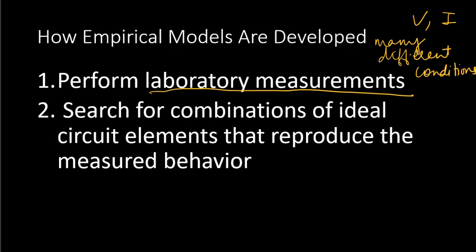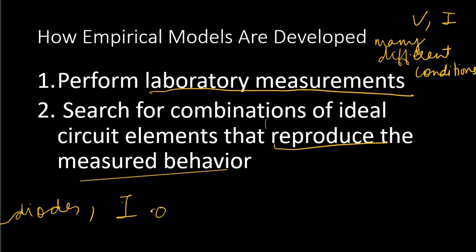Next, we search for a combination of ideal circuit elements that reproduce the measured behavior. For example, we may use diodes, current sources, and resistors until the circuit behaves similarly to the real transistor. If the terminal currents and the voltages match the measurements reasonably well, we accept the model.